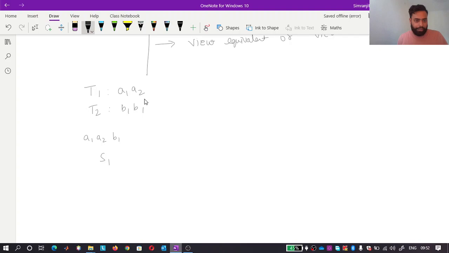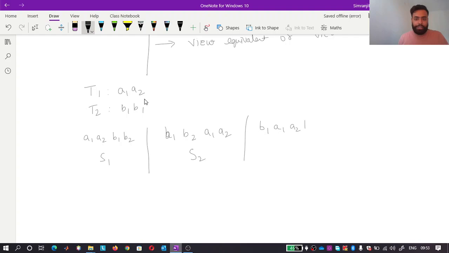It's a serial schedule. Another one will be B1, B2, A1, A2. Again, S2 is a serial schedule because the transactions are not interleaved. Another one will be B1, A1, A2, B2.